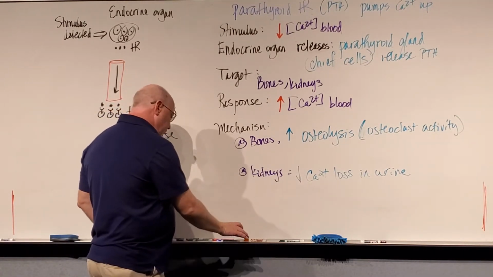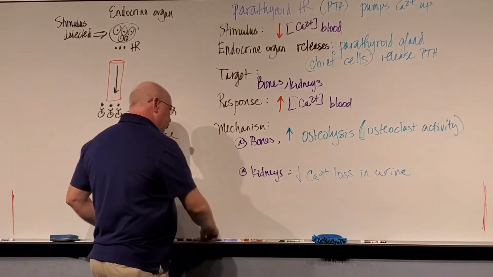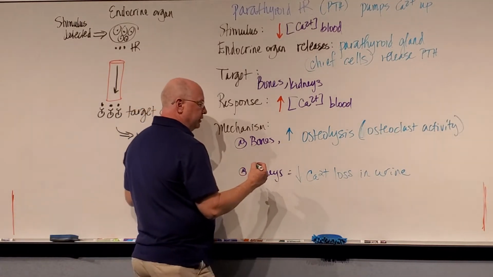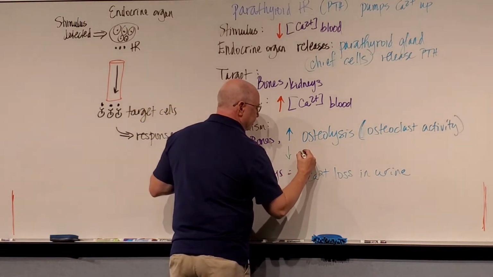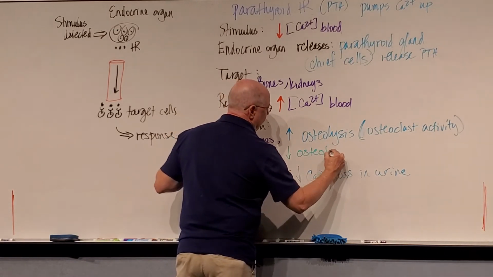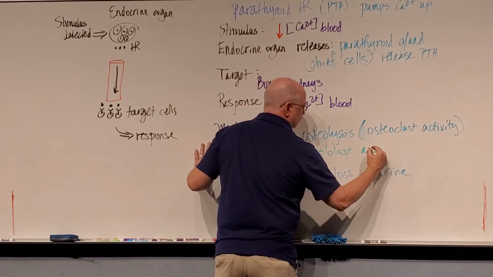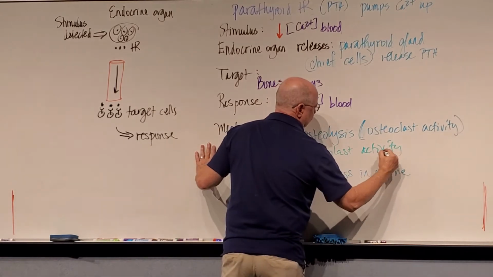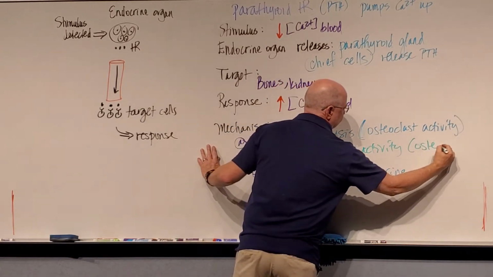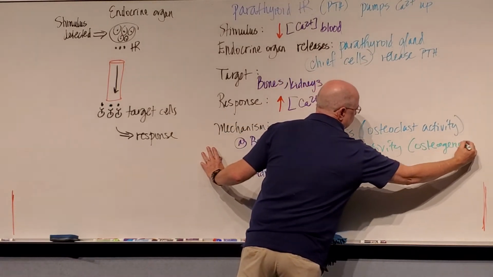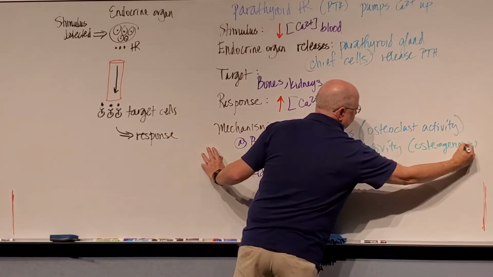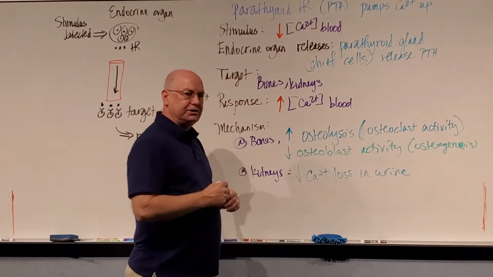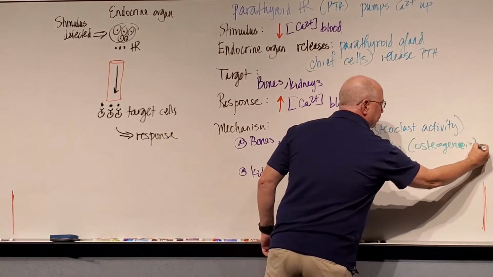It turns out that when we study these cells, one of the things we know is that calcitonin can increase osteoblast activity, or osteogenesis. So in bones, osteoblasts have receptors for calcitonin.